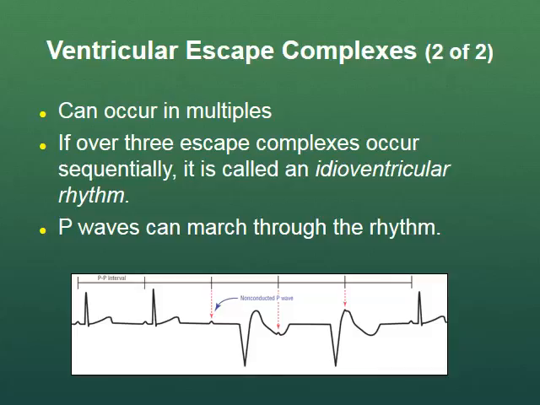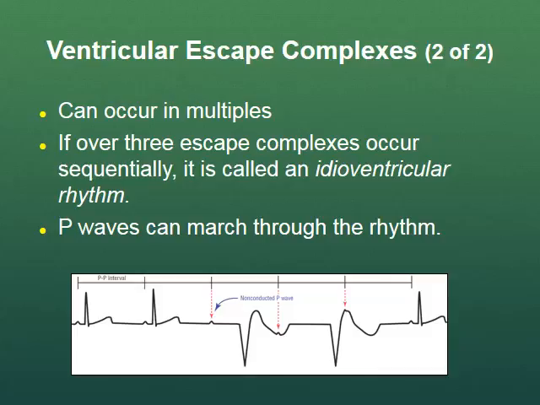We can have P waves that march through the rhythm. In this scenario, we would have some type of complete heart block where the sinus node is still firing, but no stimulus is reaching the ventricles. So the ventricles just take over and they're running themselves. In our example down here, we see our P to P interval never changes.